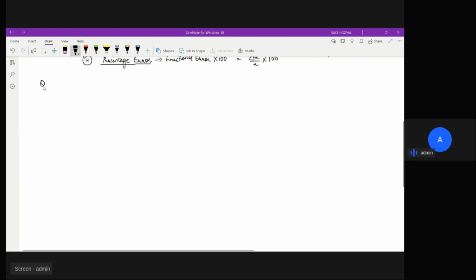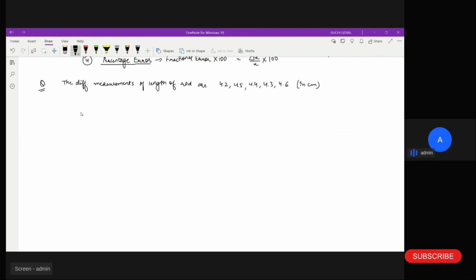Suppose we have different measurements of the length of a rod. The measurements are as follows: 4.2, 4.5, 4.4, 4.3, 4.6, all in centimeters. So we have to calculate all the errors.